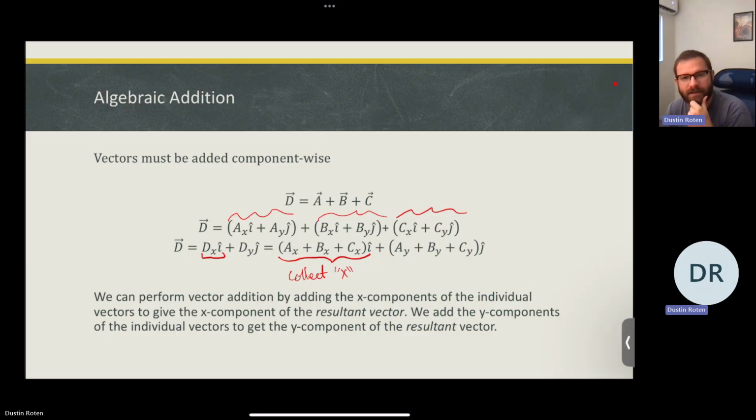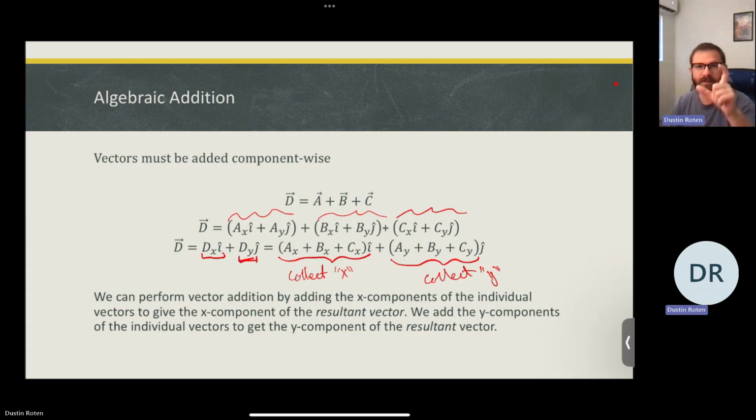So once I add all those pieces together, that's just my total, my dx I hat. That's just the amount in the X direction that D is pointing when I add those components up. Same thing in the Y direction. Once I collect just the Y pieces and add them up, that's going to tell me how much up or down my D vector is.